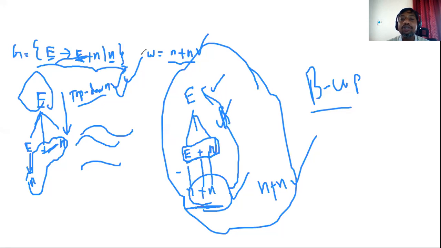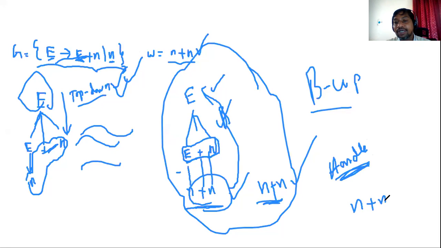Now we'll get into the actual content. I hope you understand the concept of bottom-up parsing, the working principle. The important thing here is we need to identify the handle at the right time. Right handle at the right time, that is a crucial thing. For example, let us consider the same string again, n plus n.